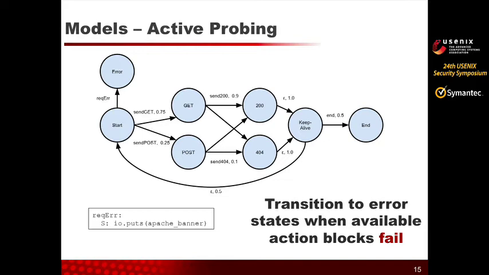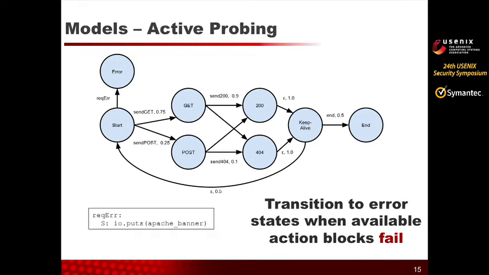Once we get one of those active probes and start to see failures in our action blocks, we can move over to an error transition. This error transition can do all of the same types of actions, but in such a way that we're trying to recover or respond to these active probes.